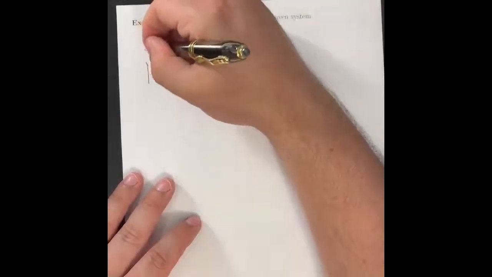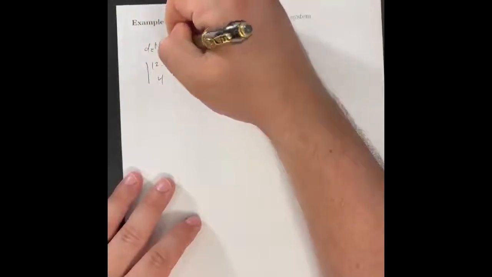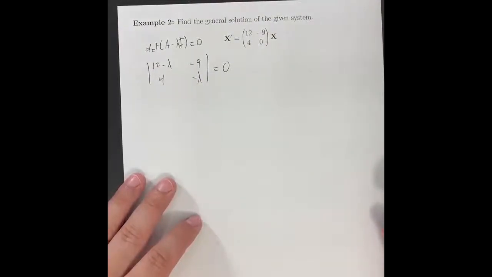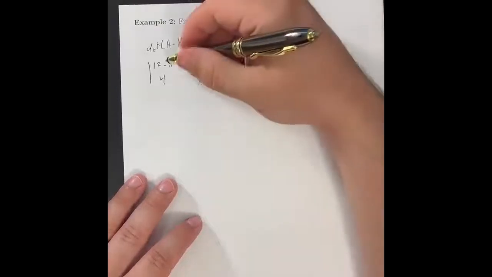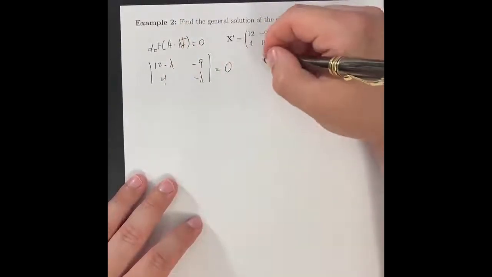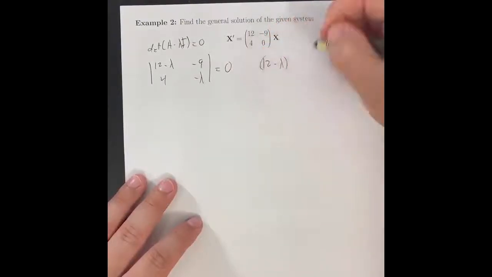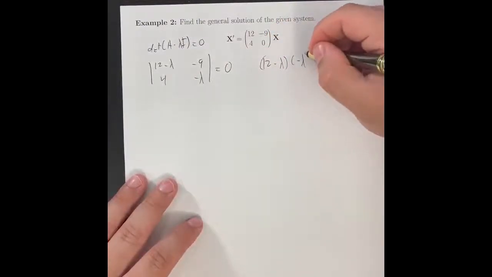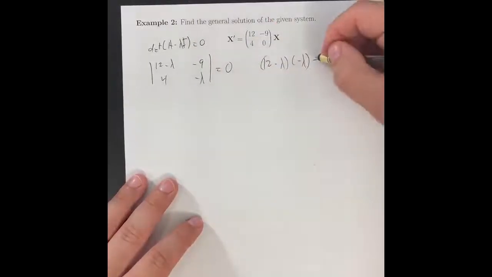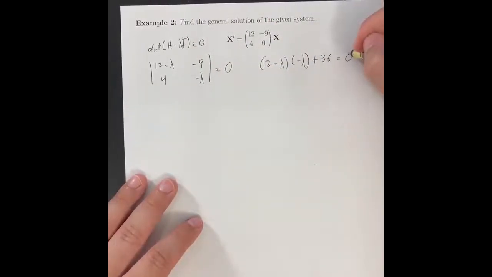This is the same as saying determinant of A minus lambda I is 0. A 2 by 2 determinant is just the main diagonal minus the reverse diagonal. So it's 12 minus lambda times 4 minus lambda, minus -36, so plus 36, equals 0.